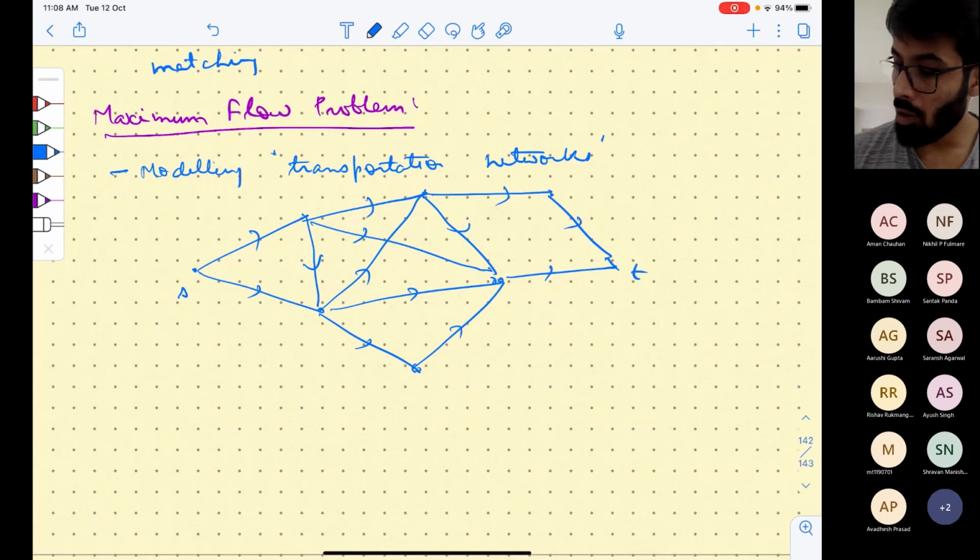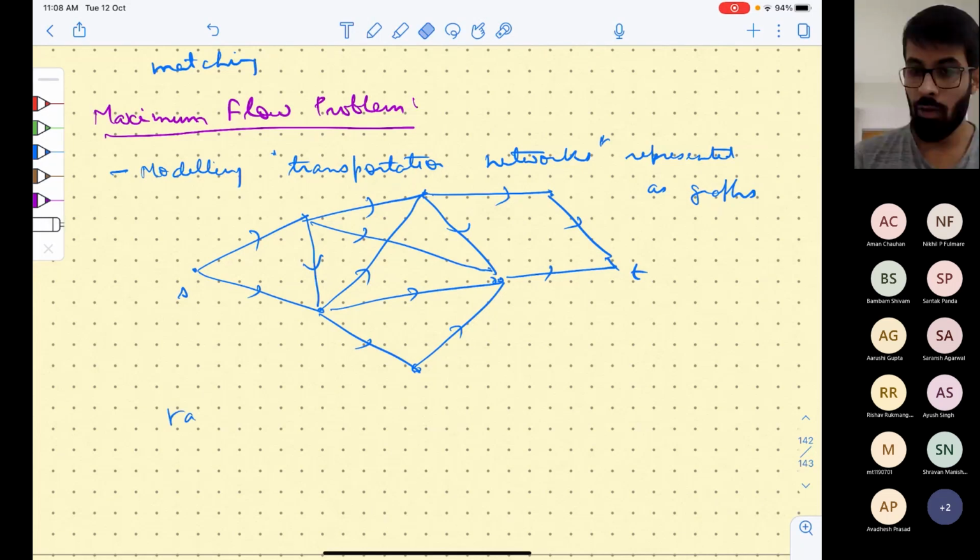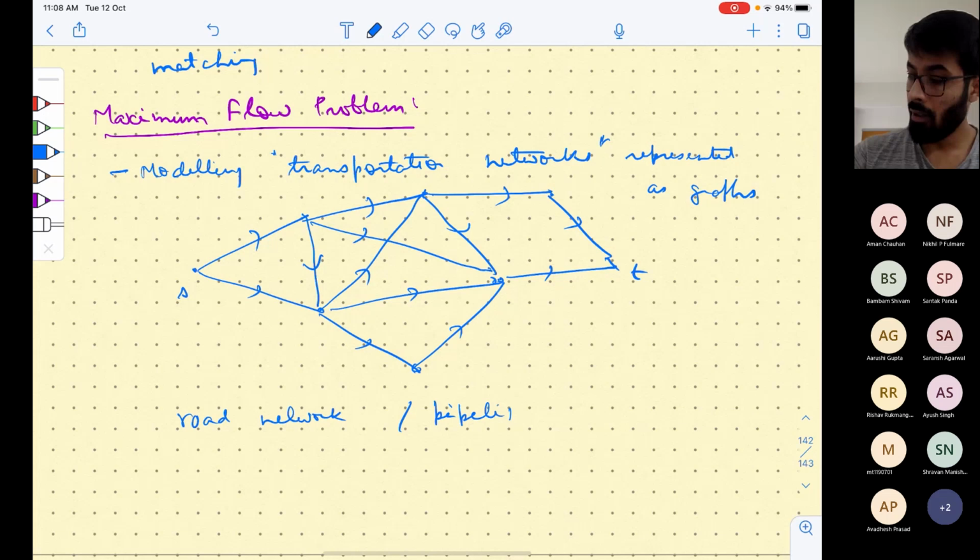So again, these are represented as graphs. This transportation network can be a road network, or a pipeline or something, right? And what would the nodes represent?